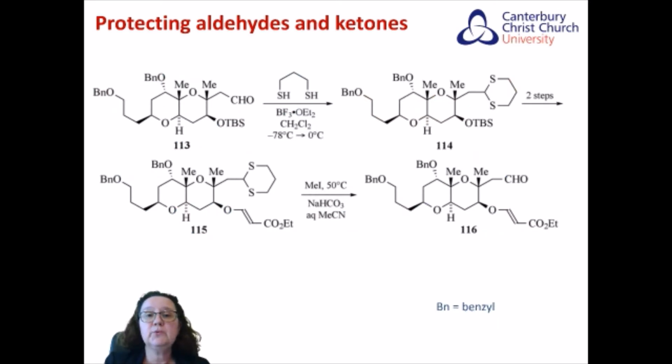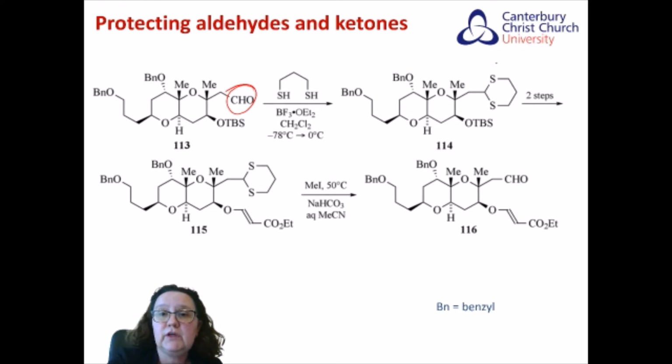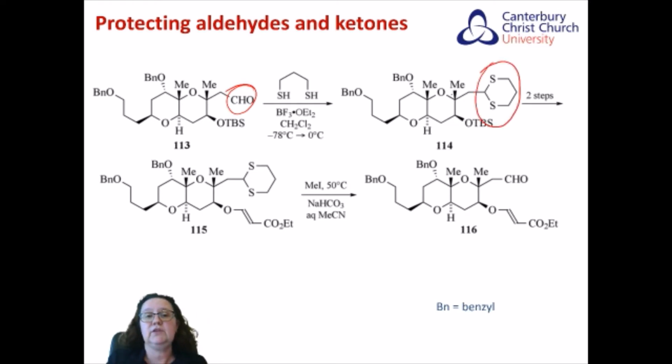So, for example, this is an example of how you can protect a carbonyl group. In this case it is an aldehyde, by using a dithio compound, and so the carbonyl group, the aldehyde, disappears, and you produce the dithioketal compound.